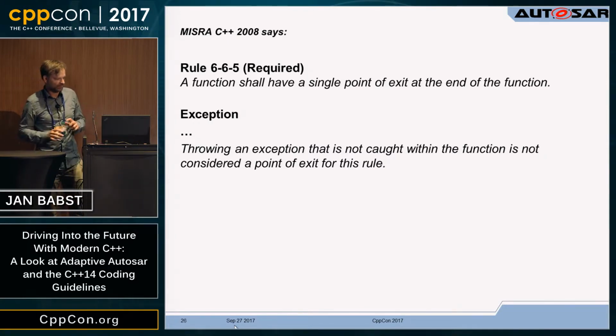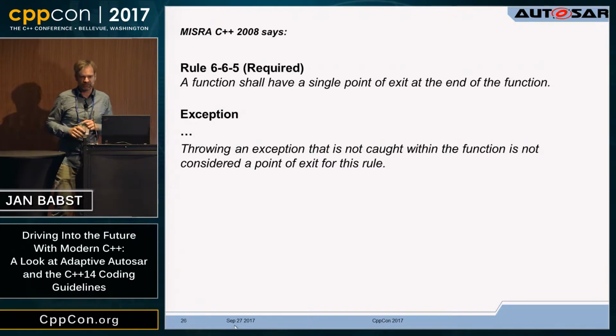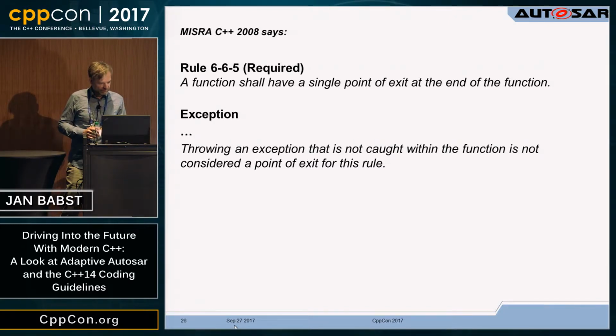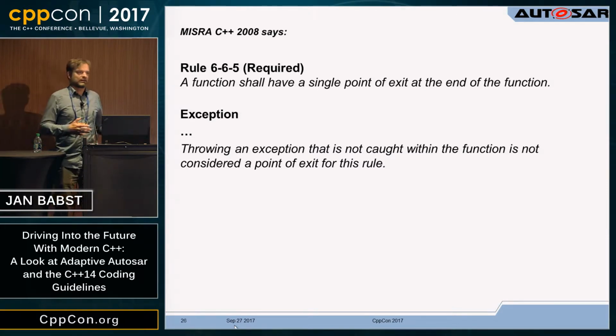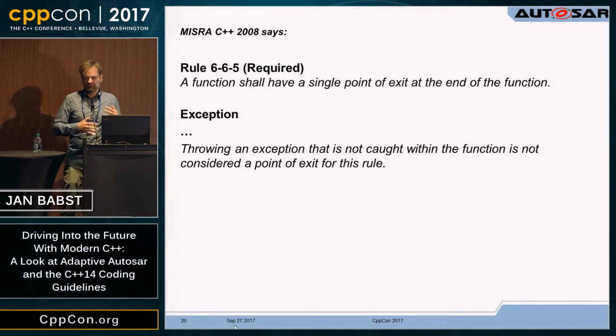It probably helps MISRA to work around this effect, but it really doesn't help much. Then we did a little research on the actual reason why this rule is in there. And the reason is that it's in many of the safety standards.